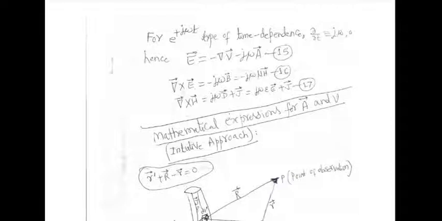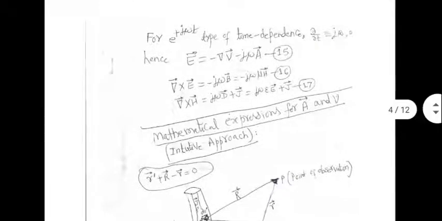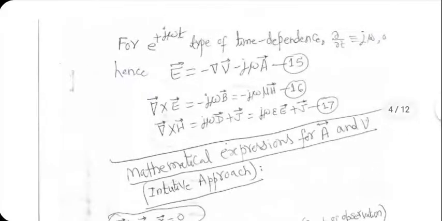So things become a little different when it comes to definitions of A and V. Even Maxwell's equations assume a different form. You know all this already.